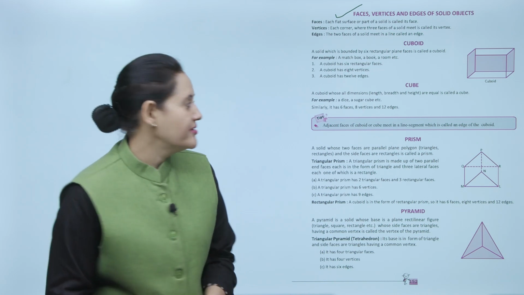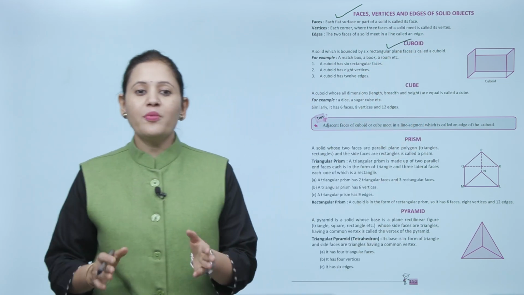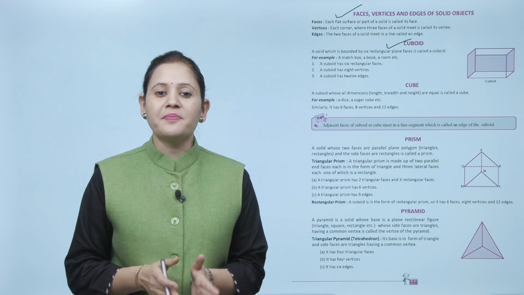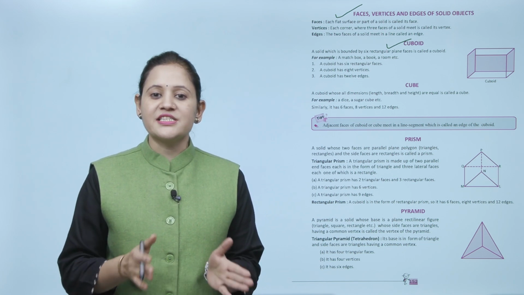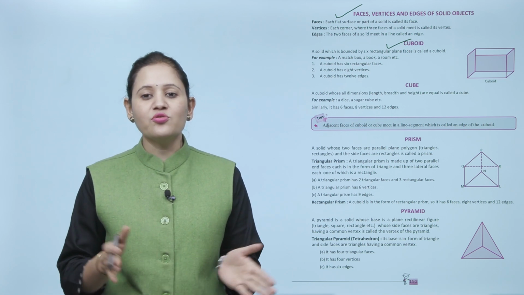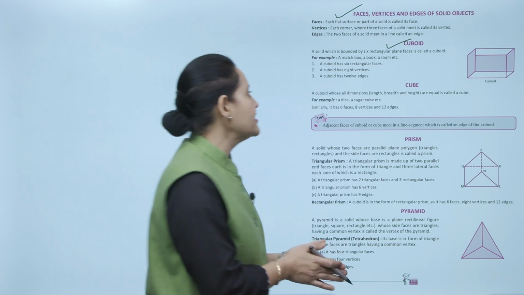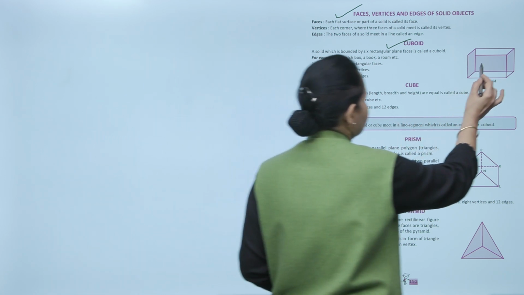First is cuboid. A solid which is bounded by 6 rectangular plane faces is called a cuboid. For example, a matchbox, a book, a room, all these are examples of cuboid. A cuboid has 6 rectangular faces.